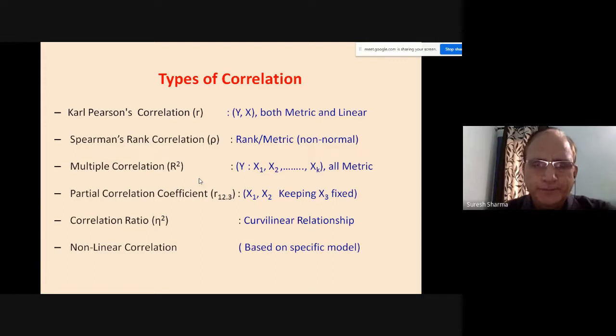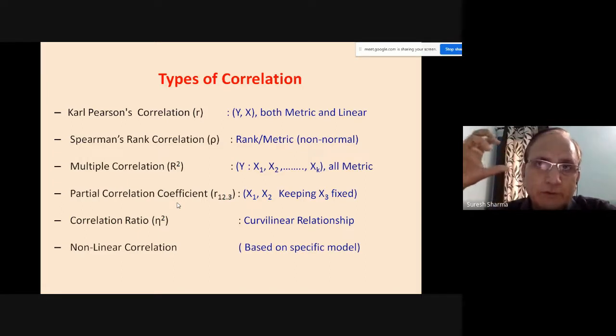Then there is another important type of correlation, called the partial correlation coefficient. Now, where to use it? The partial correlation coefficient is important to compute where you are computing the correlation between two variables, but there may be a third variable which can indirectly affect the relationship between the two.